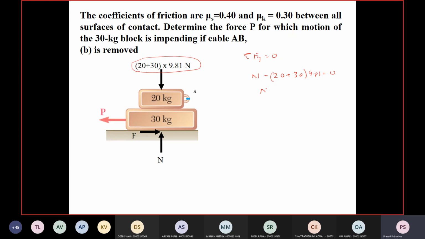So that will give me N, and F is equal to μs into N, and summation Fx is equal to 0. So minus P, right hand side positive, plus F is equal to 0. So P is equal to F, that is equal to μs into N. So calculate P.